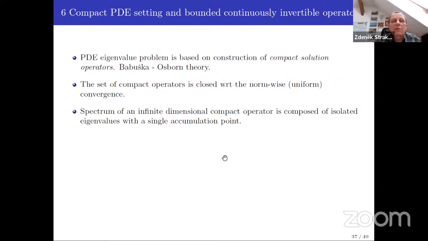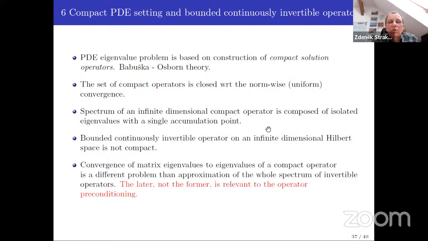That's it, only eigenvalues. But now we have a problem, because the compact operators are closed with respect to the norm. What we approximate in numerical PDEs is a phenomenon composed of isolated eigenvalues with possibly a single accumulation point. But here we do something else. And we should be aware that a bounded and continuously invertible operator cannot be compact.